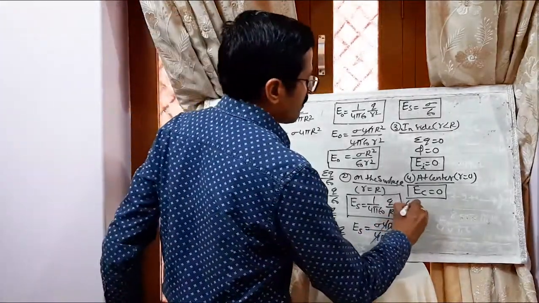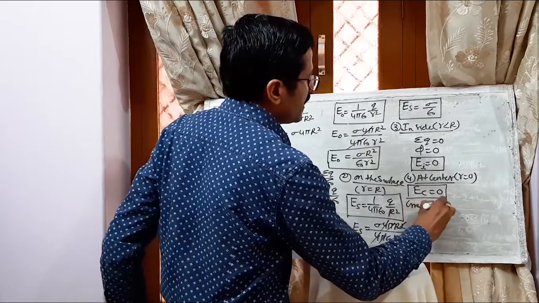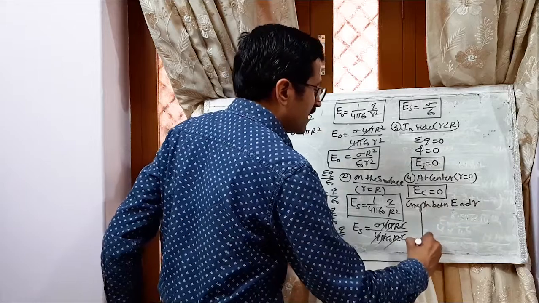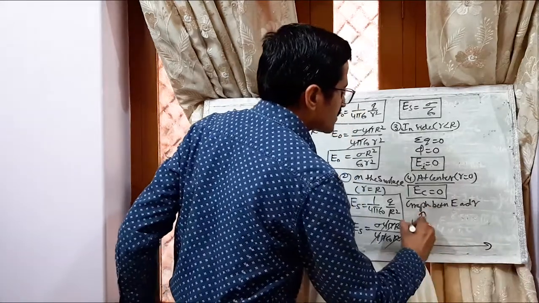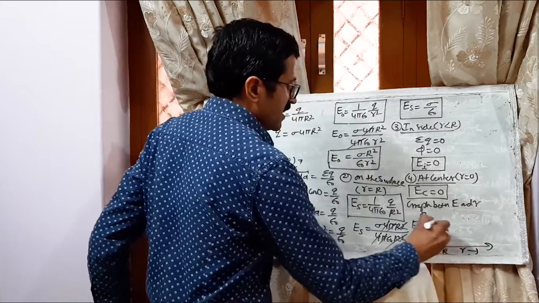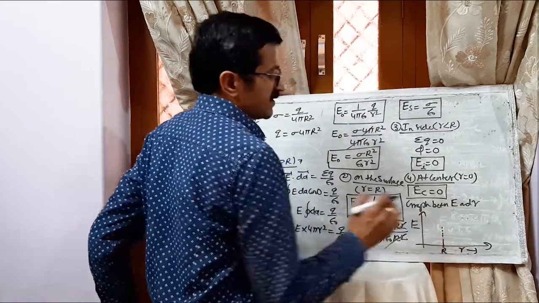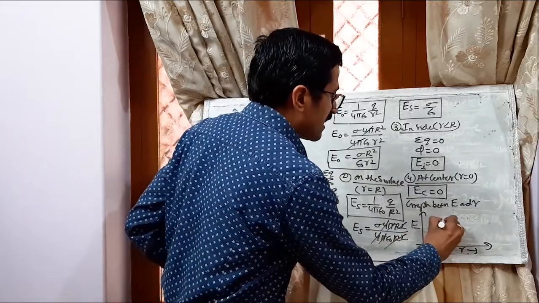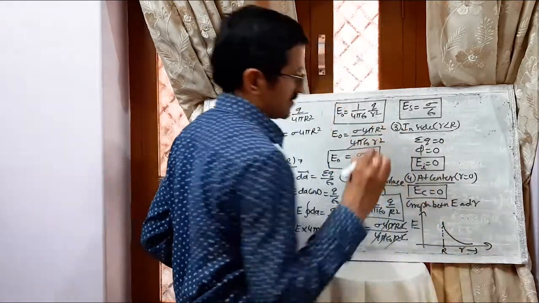Now what about the graph? Graph between E and r. If you have to draw a graph between electric field intensity and distance from center, then it will be like this. Remember, inside there is no electric field, so no graph is formed. Only the outside graph will be formed like this.